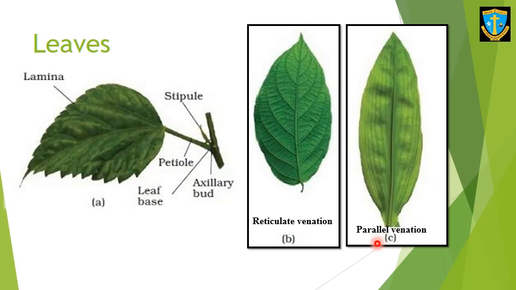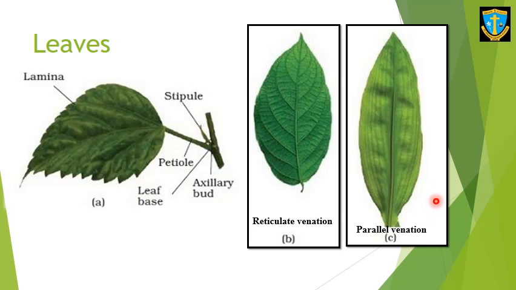This is called parallel venation. You have learned about parallel lines in maths. So here you have parallel lines. Reticulate venation is seen in the case of hibiscus, shoe flower, or even rose plant and other plants also. You can check in your garden. And parallel venation is found in banana leaf and also grass. You can observe that carefully.